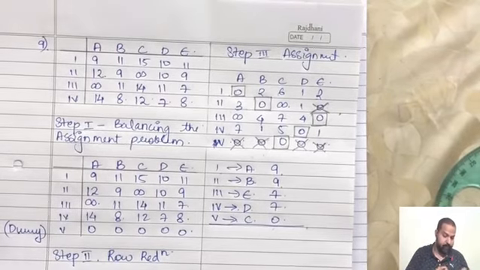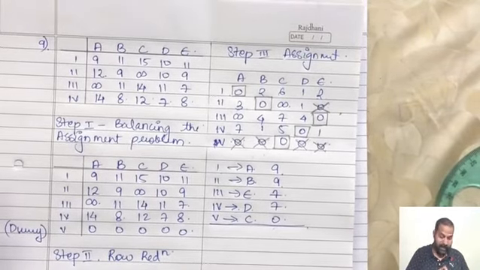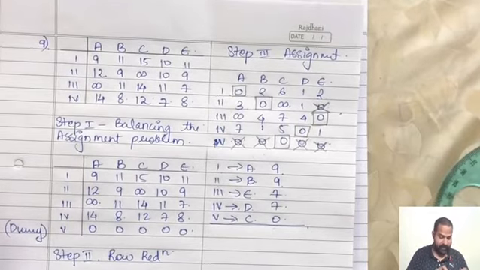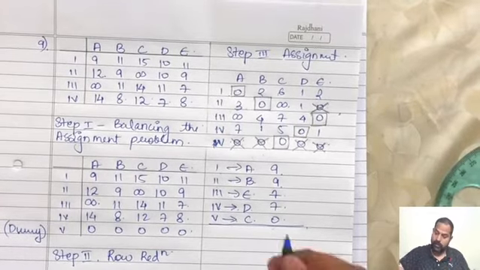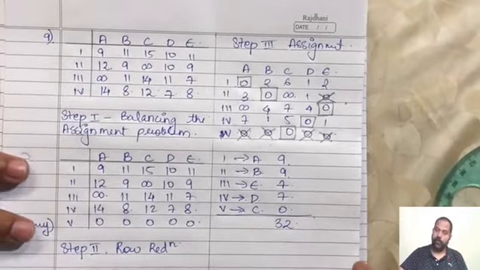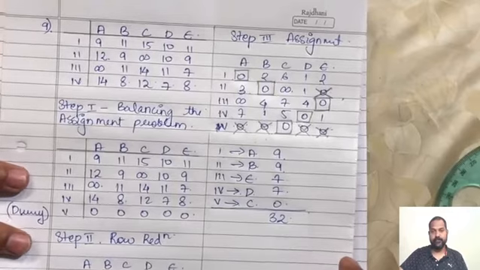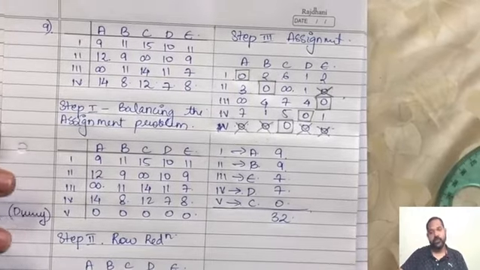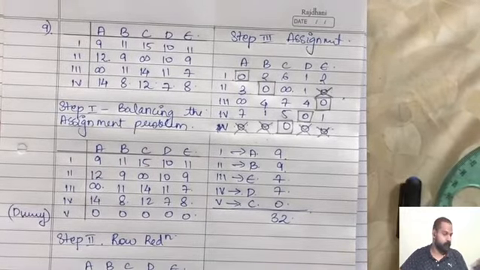Let's take a total. 9 plus 9 plus 7 plus 7 plus 0 is a total of 32. Hours, minutes, days, whatever it is. That is question number 9. We move on to the next question.